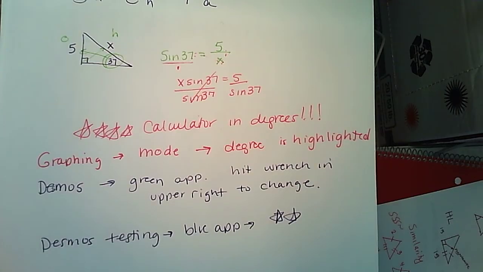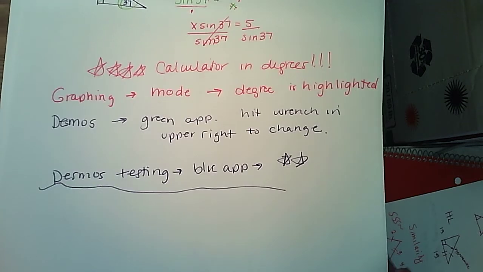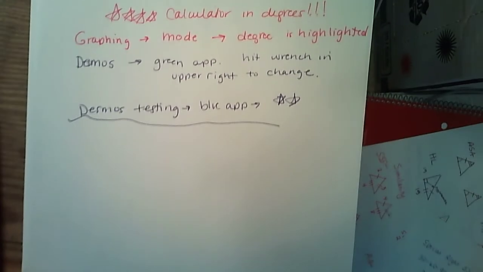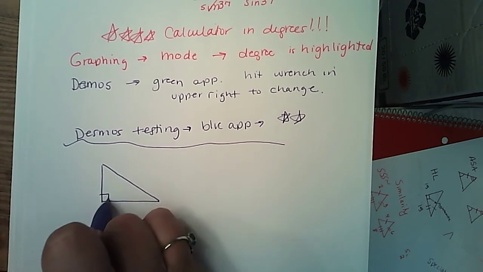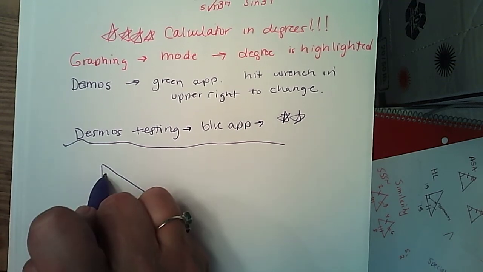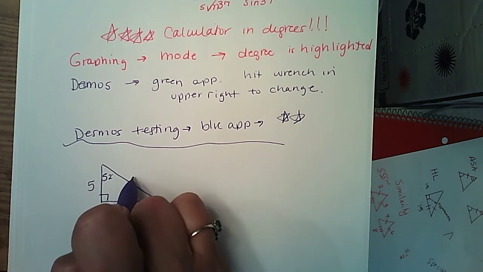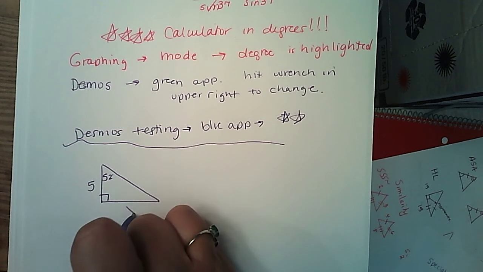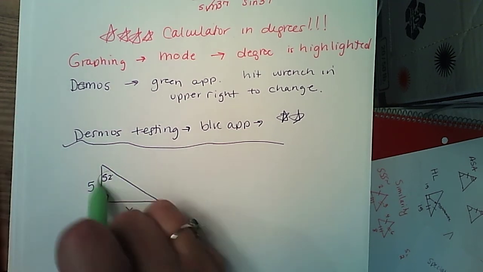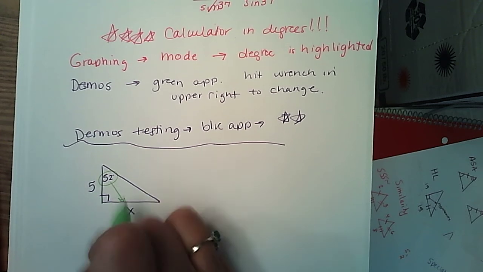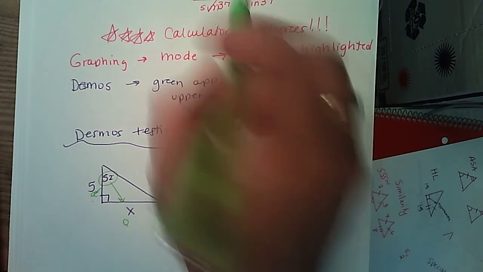Okay? All right. Let's look at one more of those, because then it's just application of those. So I have a triangle here. I'm going to make the angle just 52 degrees. I'm going to have this side as 5 and this side as X over here. So from my 52, this is my opposite. This is my adjacent. So who uses opposite and adjacent? My TOA.